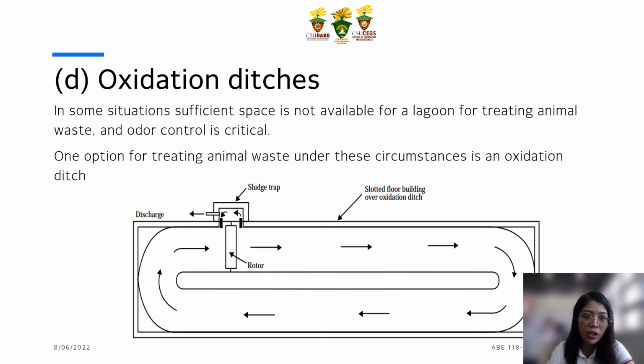So the action of the aerator moves the liquid waste through the channel and keeps the solids in suspension. Because of the need for continuous aeration, this process can be expensive. Oxidation ditches should be designed by a professional engineer nga familiar aning process flows.